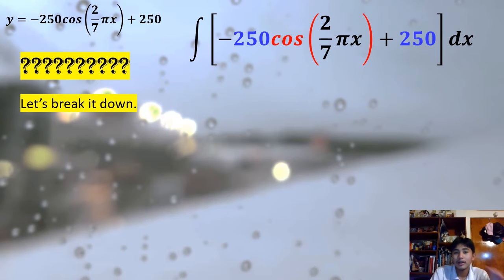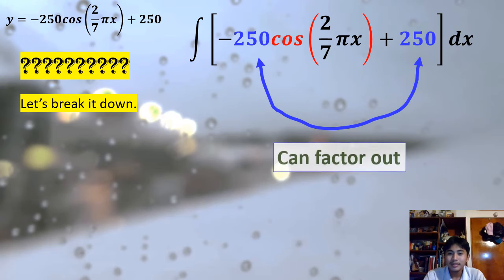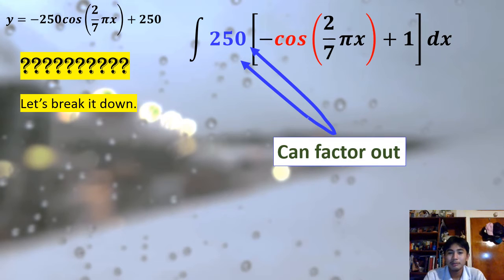Keep that in mind. Also, we have a 250 here in both terms, and because of that, we can factor it out, kind of like the reverse distributive property. But we can also factor it out of the integral entirely, kind of like how you can in derivatives. You don't do it to the constant, right?